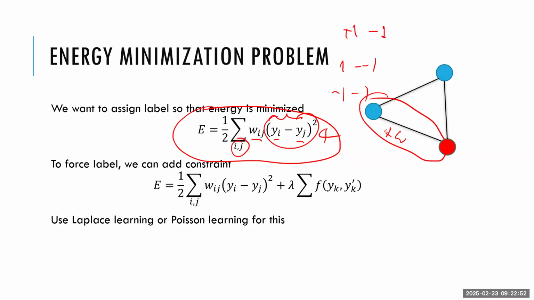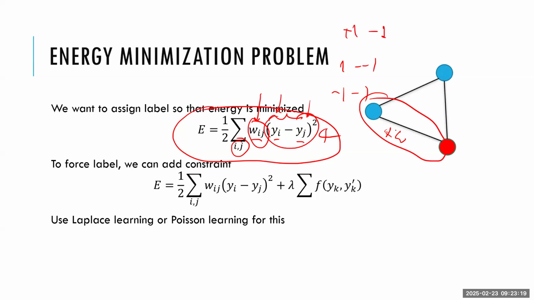And we want this to be small, right? And when we want this to be small, which W do we want to pay? Do we want to pay high W or low W? We want to pay low W, right? So for the W that are high, we want the label to be the same.